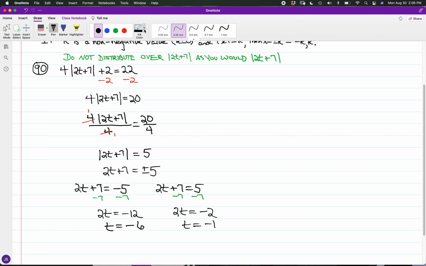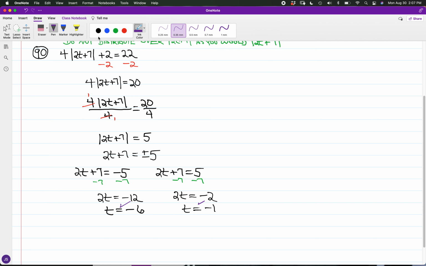So we have consistency. For t equal to negative 1, 2 times negative 1 is negative 2, plus 7 is 5, and the absolute value of 5 is 5. 4 times 5 is 20, plus 2, and we also have 22. So t has 2 solutions, negative 6 as well as negative 1.